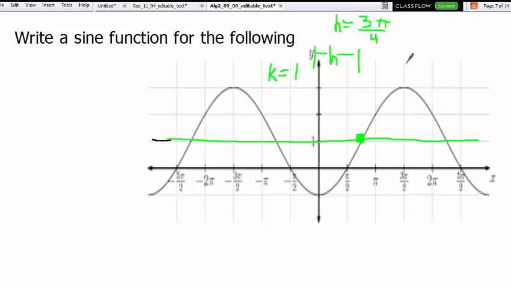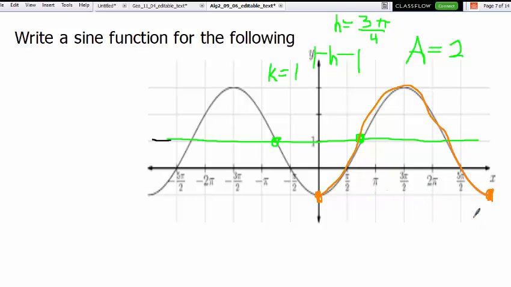Then I need my amplitude. And the last thing I need is my period. So I just need to try to find one total cycle. And my best place to probably find that, even though I'm doing a sine function, if I start at 0, I'm going up, back down. I actually end right here, one cycle.